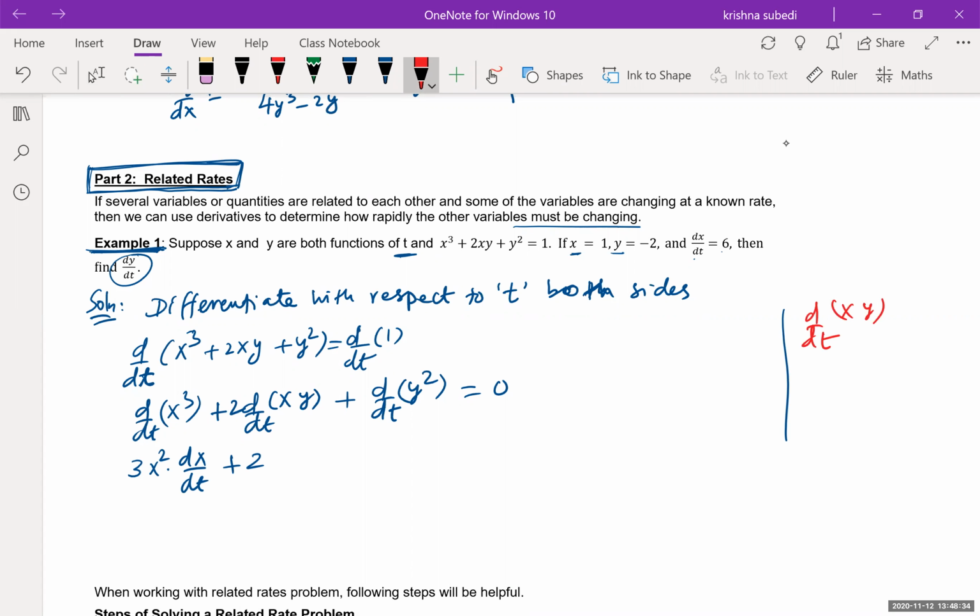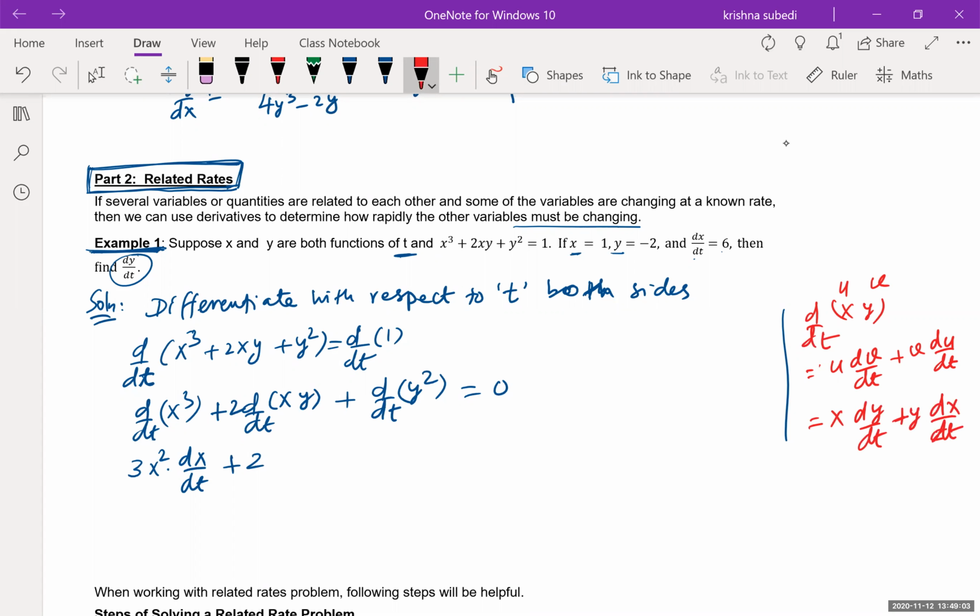As you know, this is u, this is v, and the formula for the product rule is u dv over dt plus v du over dt. In this case, u means x, dy over dt, plus v means y, dx over dt.